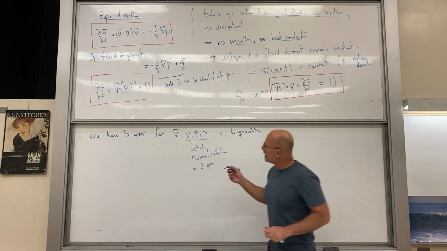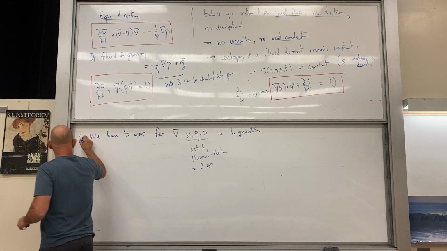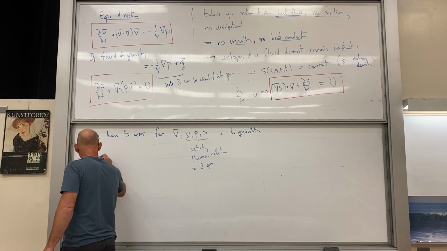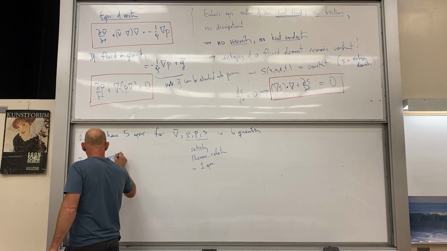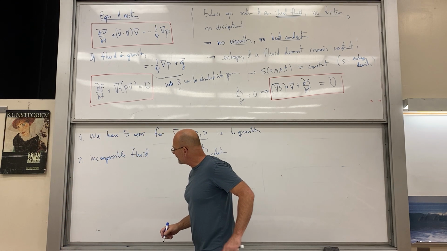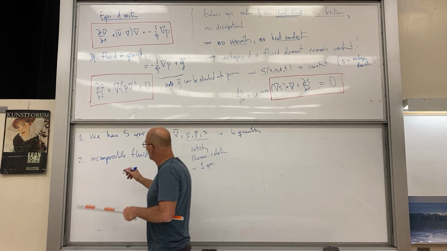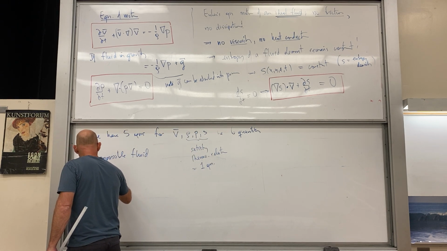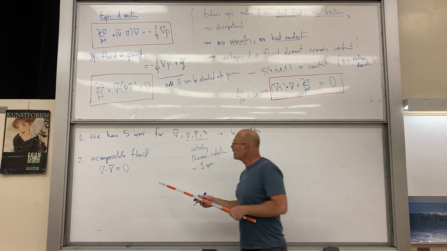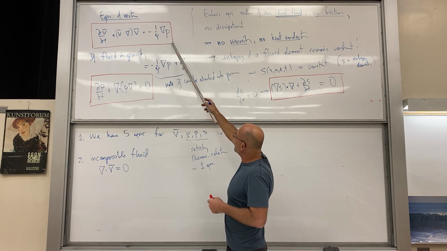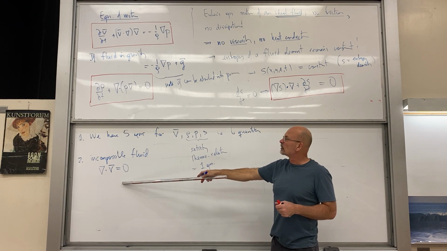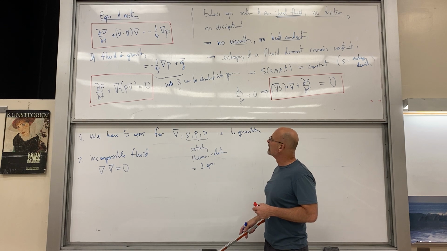The next thing to talk about is the incompressible fluid. And for the incompressible fluid, as we saw before, the divergence of V is equal to 0. So then we have the Euler equation, which is 3, and this equation, which is 1, so we have 4 equations.